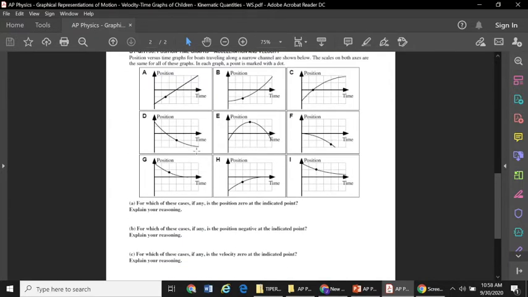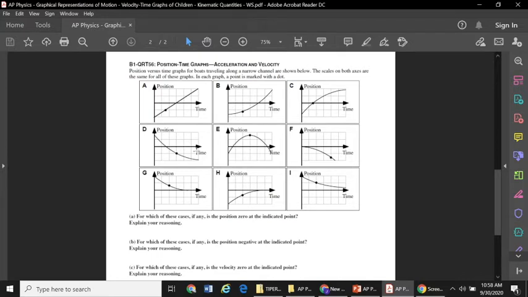So for this first group of questions, I'd like you to take a look at A and B. A and B are asking you for which graphs, which of these cases, if any, is the position 0 at the indicated point, and then for B, for which cases, if any, is the position negative at the indicated point. This is pretty straightforward, and the explanation, I think, should be pretty straightforward as well. So I'd like you to take maybe 2 minutes to answer A and B only. And when you hit play, we'll go over A and B.